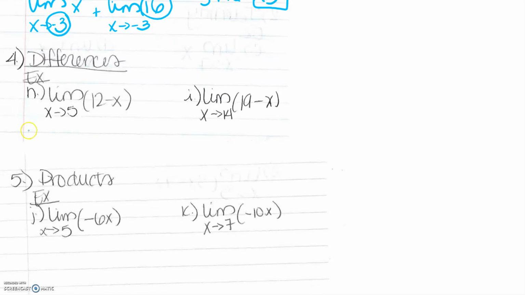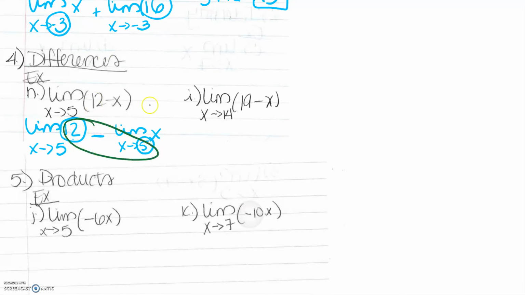So you're going to do the limit of 12 as x approaches 5 minus the limit of x as x approaches 5. The limit of a constant is the constant. The limit of the identity is the limit. 12 minus 5 is 7.